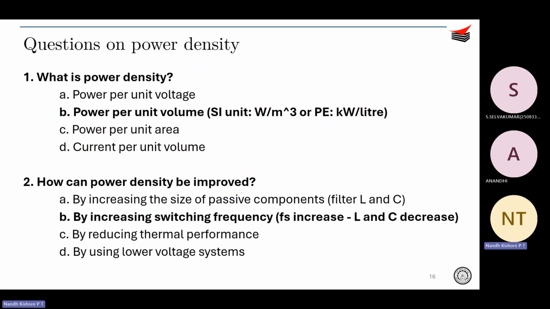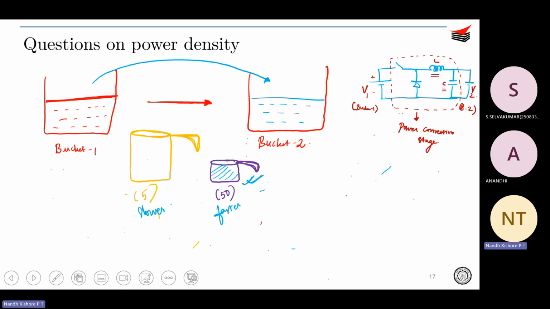You can either use a bigger mug and do it lesser number of times, or you can use a smaller mug and do it more number of times. This is something like you can use higher values of L and C, large L and C, so lesser switching frequency, or you can use smaller values of L and C and go for more switching frequency.